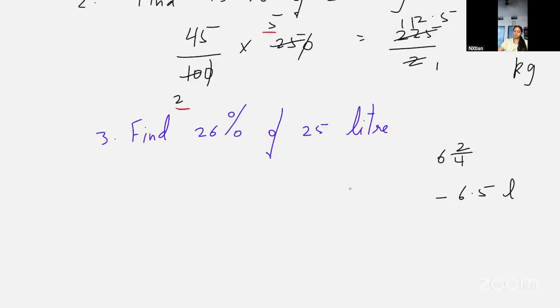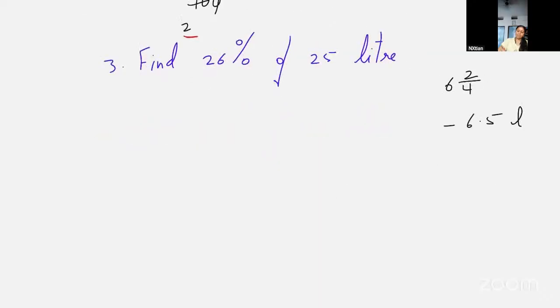Joshua is getting 6.8. How, Joshua? 26 upon 100 multiplied by 25. What I can do is cancel it by 4. 26 divided by 4 I have.